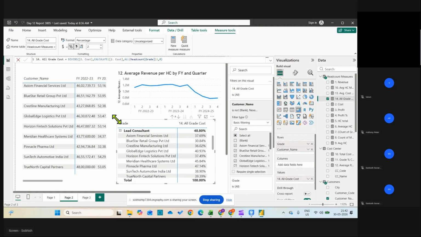Look at the headcount where you are making 3 to 5 million revenue. For account A, you have deployed 5 lead consultants, and for account B, we have deployed only 2. Then you can question, what is happening with this account? Why do we have more lead consultants deployed there? Is there a way we can optimize it? But unless we drill down and look at all these aspects, we are not really stopping the leakage.